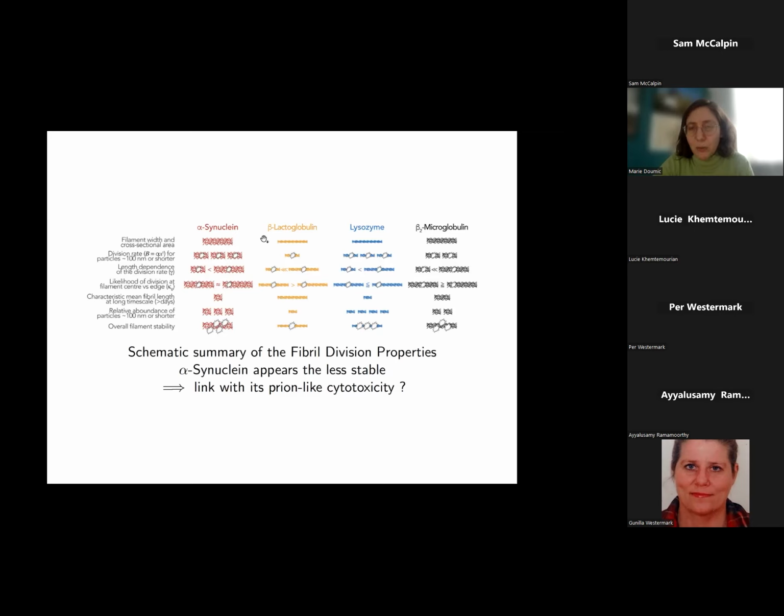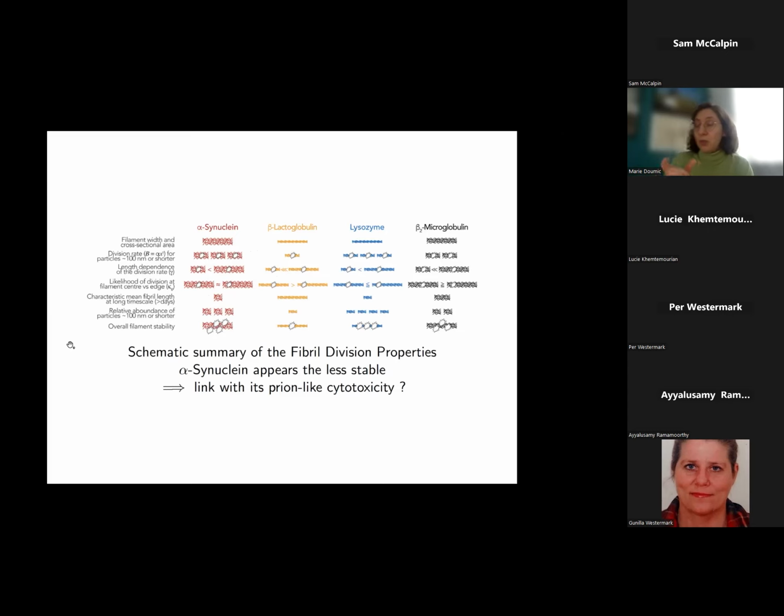What we found, if I explain it very roughly, is that the one which is the least stable at smaller sizes is alpha-synuclein. It is less stable than beta-lactoglobulin, lysozyme, and beta-2 microglobulin. And this could be linked with its prion-like cytotoxicity, which has been shown in several biological papers.